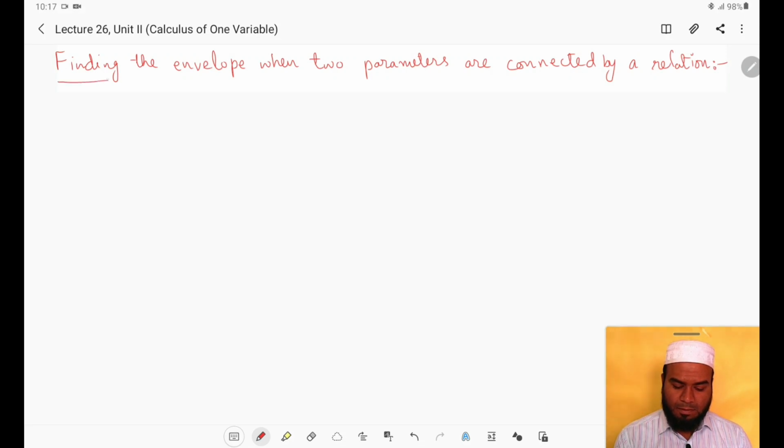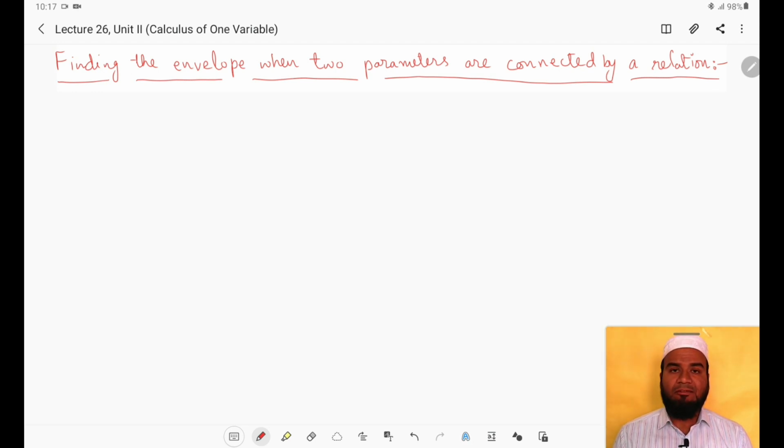And this is today's topic that we are going to see. So how to find the envelope when a family is given which is having two parameters?